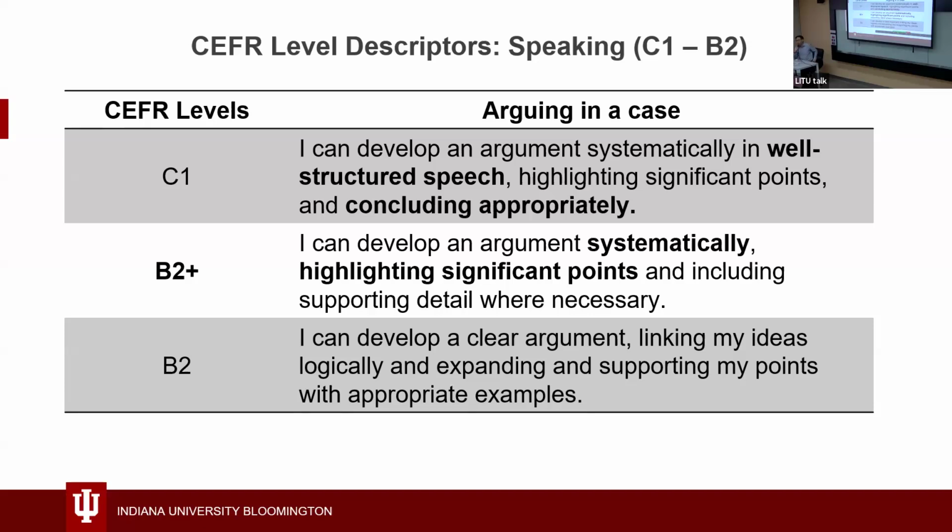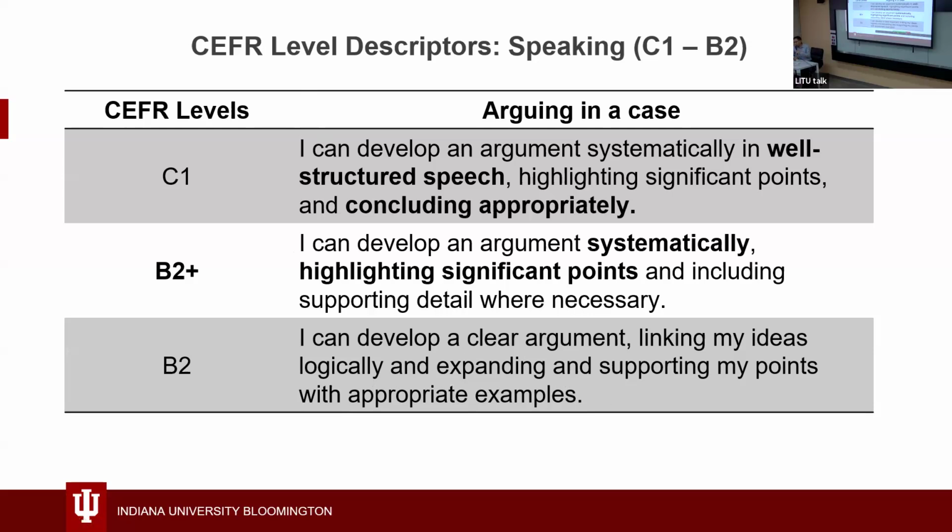So a B2 speaker can make an argument in a systematic way. They know this is my point, 1, 2, 3, but it's not really well-structured and not nicely concluded.